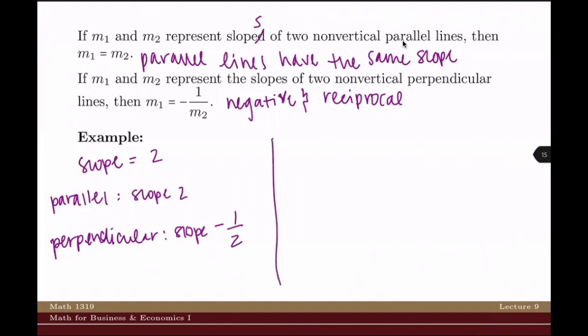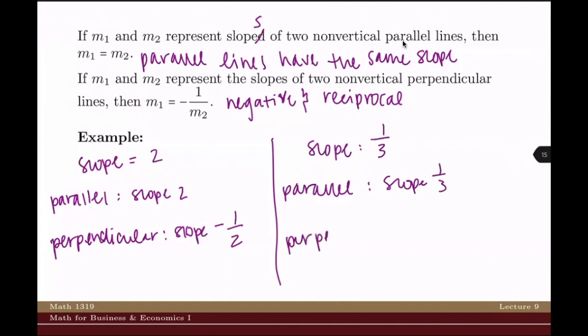If I have slope a third, a parallel line will also have a slope of a third. However, a perpendicular will have a slope of, I need to make this negative and flip it. So the reciprocal of a third is just 3. All right?